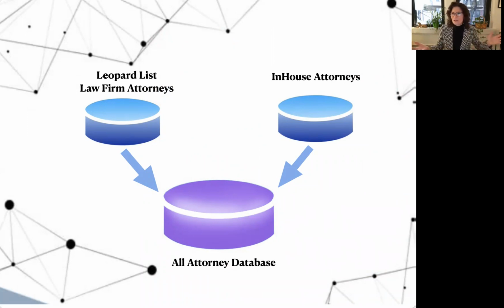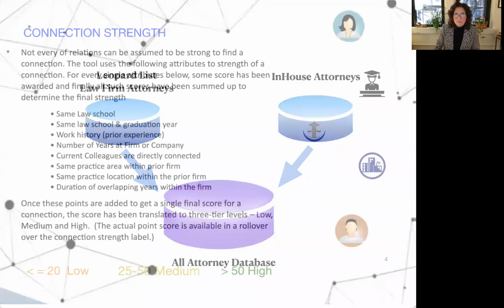We're a company that's been around for 20 years, and we had to rebuild our entire back end. We also had to marry two different databases. Our Leopard List, our law firm attorneys, and our in-house attorneys were housed in two different databases. Now they've all been merged into one, so we could really look for all different types of meaningful connections.